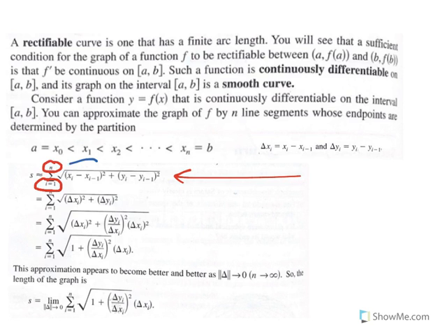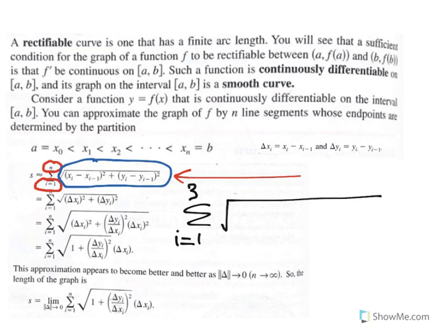And then what you see here is, of course, the distance formula. And let's take it in the context of what we had done with our demonstration using 3 line segments. If you were to do that, then you would have from i is equal to 1 to 3, and you would have this formula, the distance formula, delta x sub i.